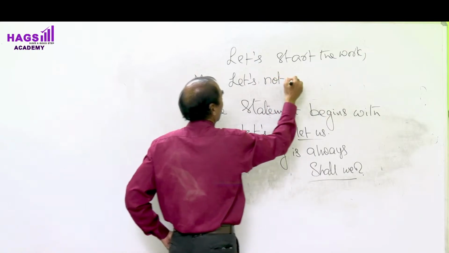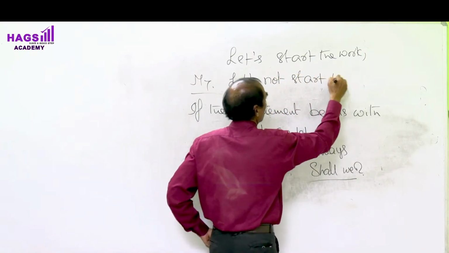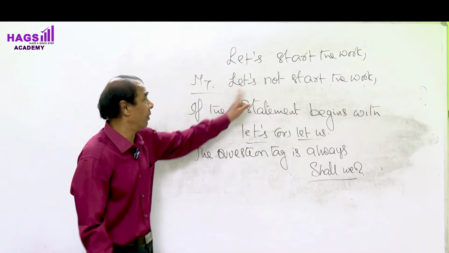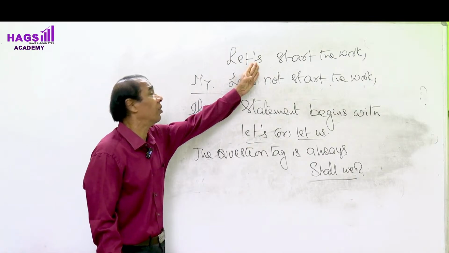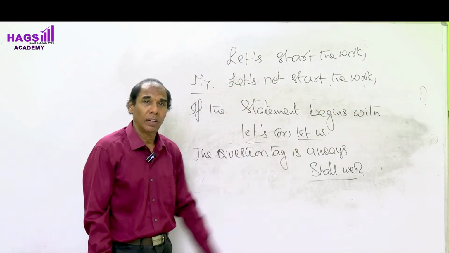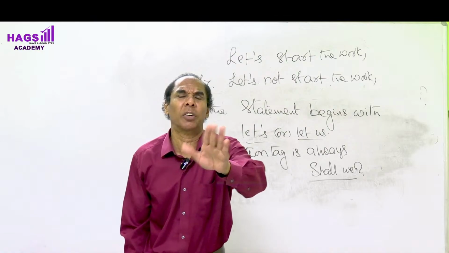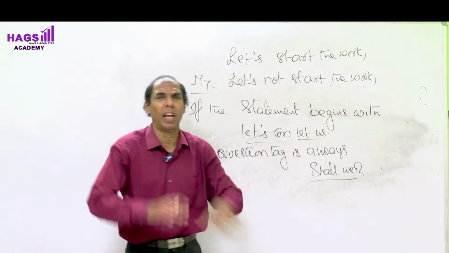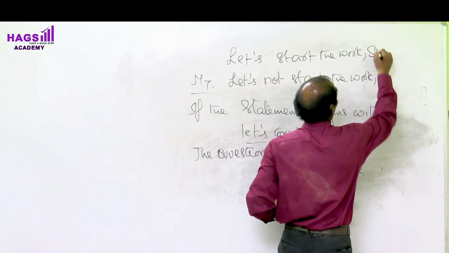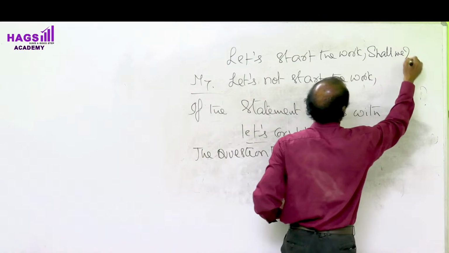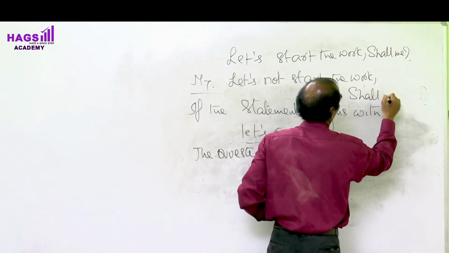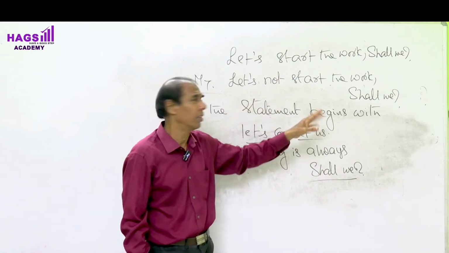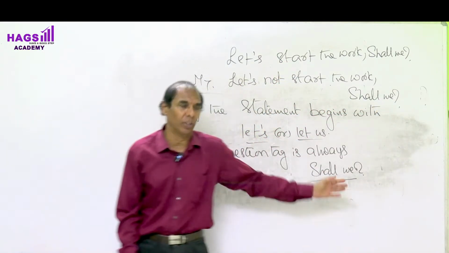Let's not start the work. In the case of let's, when the statement begins with let's or let us, whether the statement is positive or negative, forget it. Whatever kind of statement it is, the question tag is always shall we. Very easy. Note down.